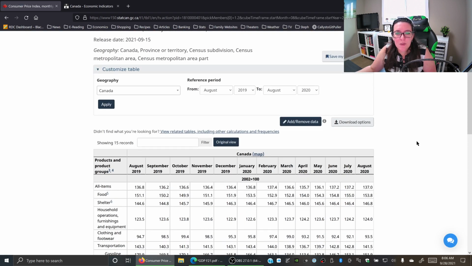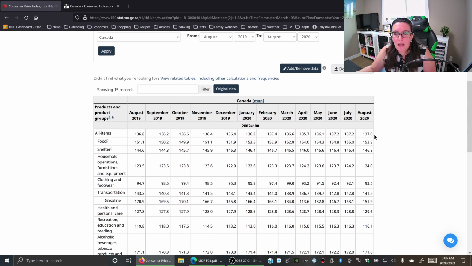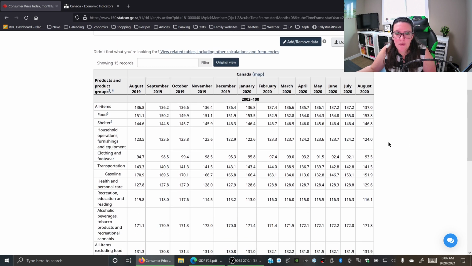What we're looking at is the CPI for all items. You can specify and look at CPI for specific industries, and in fact, we'll look at that in just a moment. But right now, we want to calculate the inflation rate from August 2019 to August 2020.